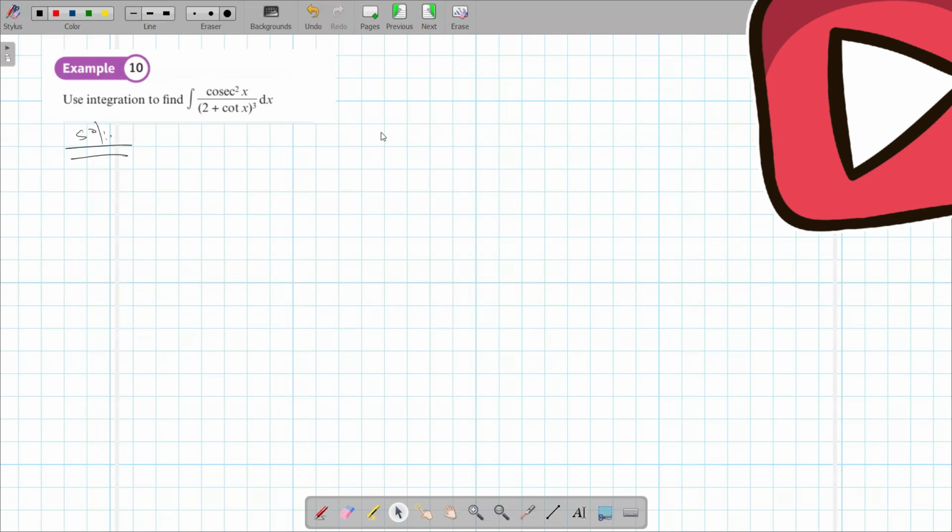You take it to the numerator. The power will be negative. Oh yeah, of course. You can just erase this, you don't need to erase all of it.